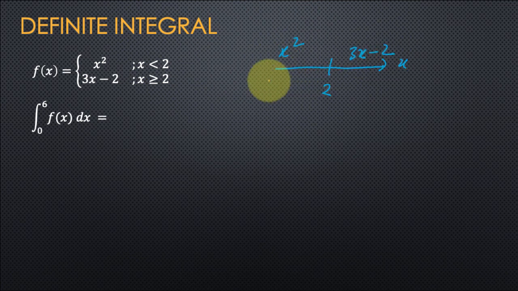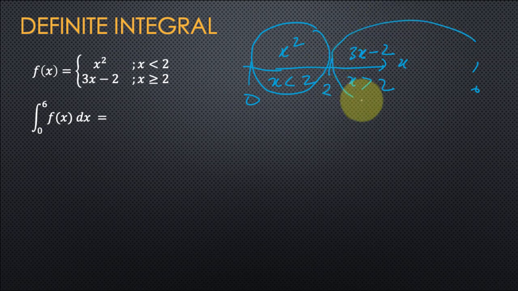So this one is x less than 2, this one is x greater than. Compute the definite integral from 0 to 6. So 0 is somewhere here and 6 is somewhere here. This one is 6. It means that you have two different functions. One is this one and the other one is this one.